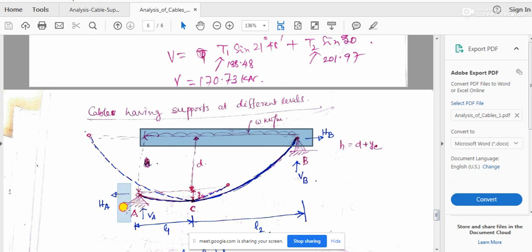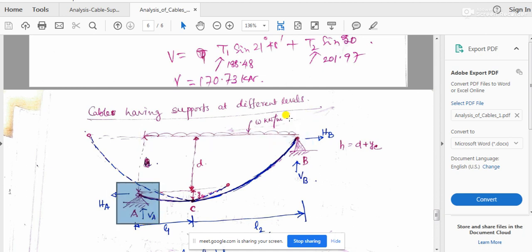So when this support is at a lower level, it will be minus; when this support is at a higher level, it will be plus. In the reverse case, if support A is at a higher level, say A is now somewhere here and B somewhere here, you will have to change your equation: VA is equal to WL by 2 plus H into D by L, and VB will be WL by 2 minus H into D by L. Okay, so you should be very clear about this.